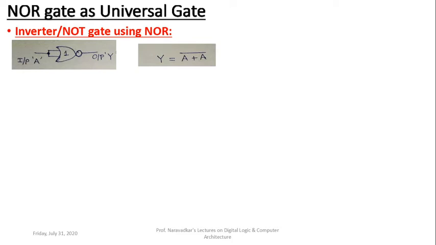So the equation written just on the right side of that design, Y is equal to A plus A whole bar. And we know that A plus A, one of the OR laws states that, is equal to A. Hence, the final output Y is nothing but A bar. It clearly means that output Y is nothing but the inversion of input A. Hence, it is proved.